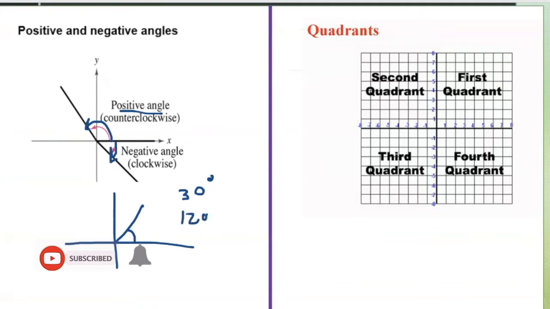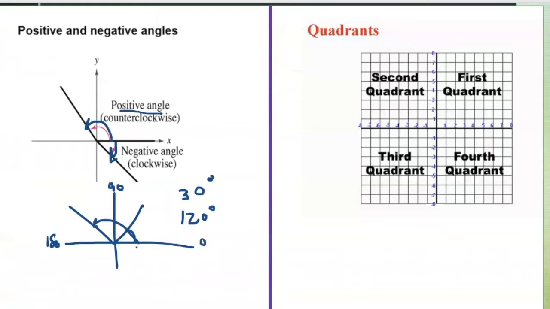So 120 degrees. Now this is 0 to 90 and then from 90 to 180 degrees. So it means I'm going in a counterclockwise direction, and I will have 120 between 90 and 180.